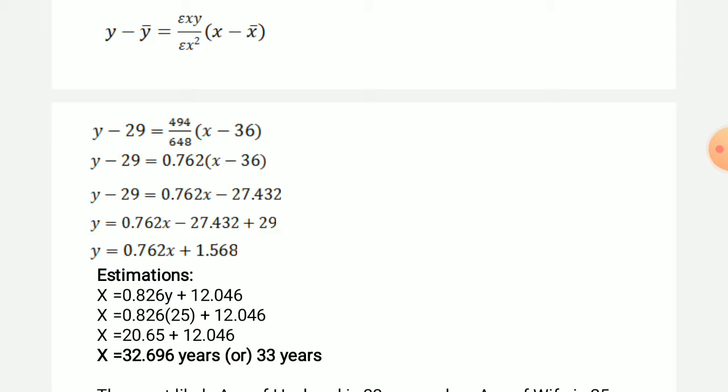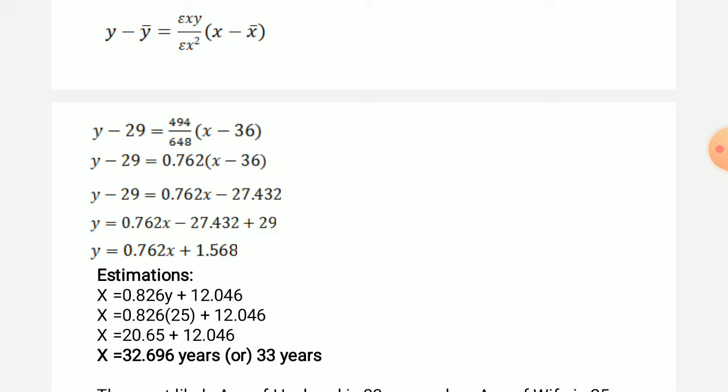Y minus 29 is equal to 0.762 x, plus into minus, 0.762 into 36, which is 27.432. Now y is equal to 0.762 x minus 27.432, and minus 29 will become plus 29 because of transposing.